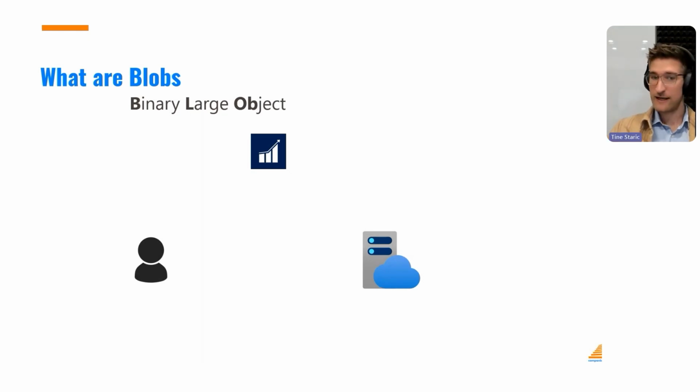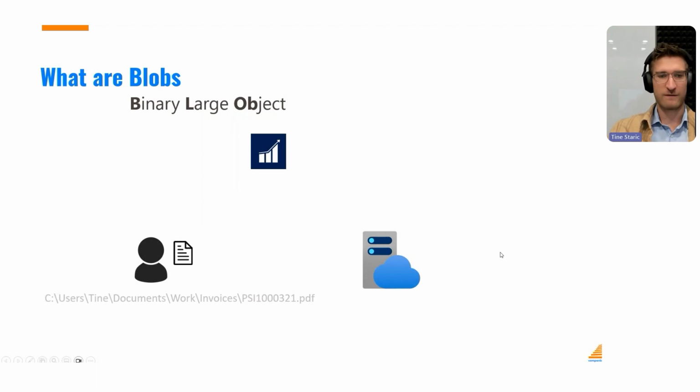And in the good old NAV days, there's three ways how we could store the files, more or less. We could either store the files directly in the database, in the NAV database. The second option, if the user needed that file, we could store that file directly onto the user's PC.